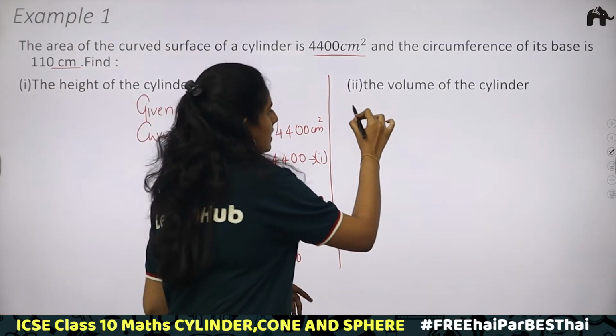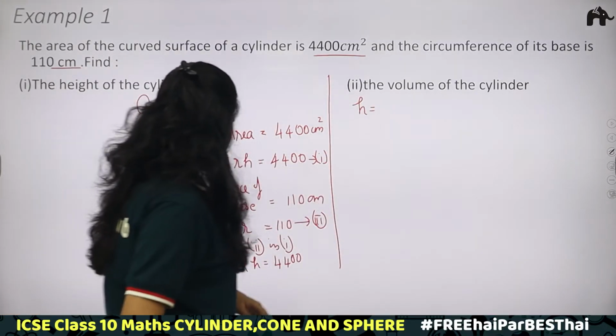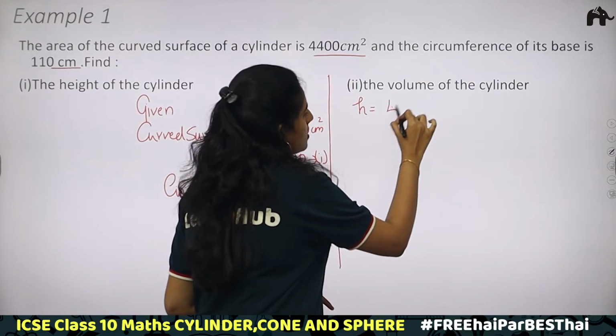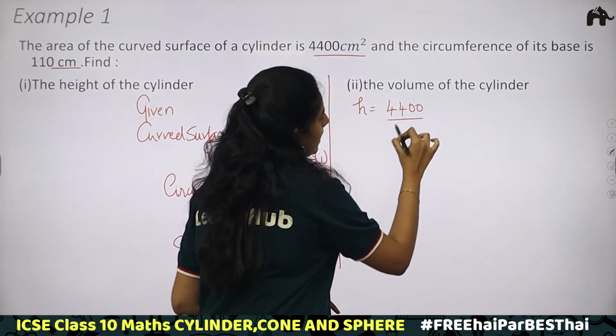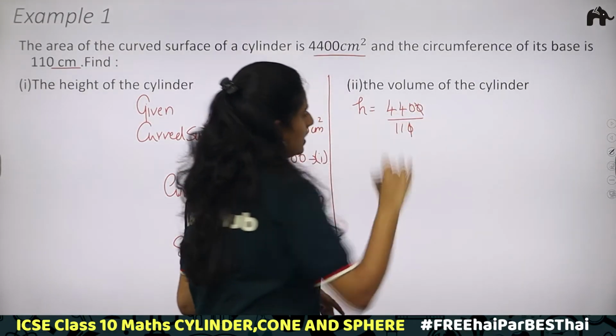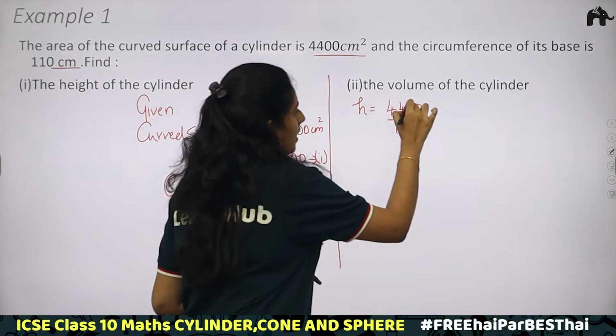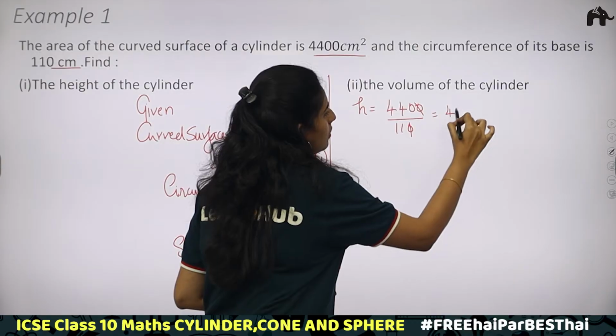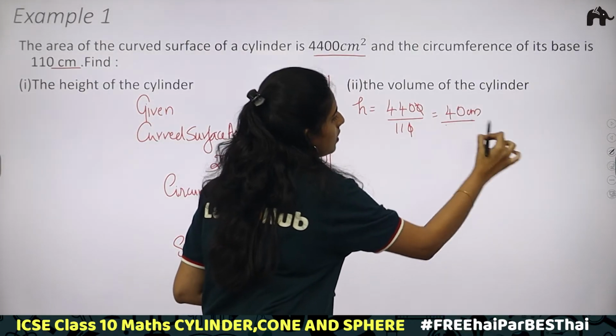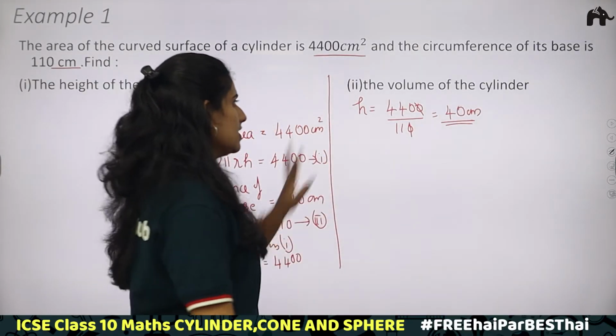Then what is h? h will be equal to 4400 divided by 110. The 0 gets cancelled. 11 into 4 is 44. Again we have a 0, which means 40 centimeter is the required height of the cylinder.